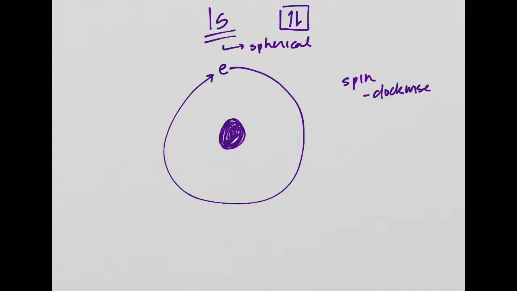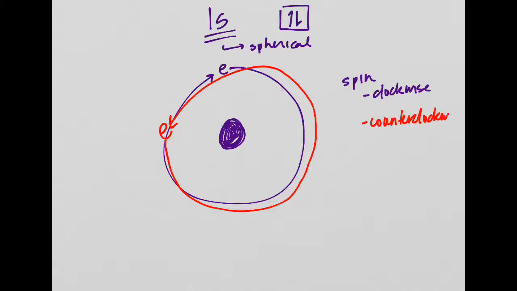Or an electron can be spinning, let's have another electron over here, in the counterclockwise direction. Okay? So every single orbital can hold 2 electrons, but they must have opposite spin.